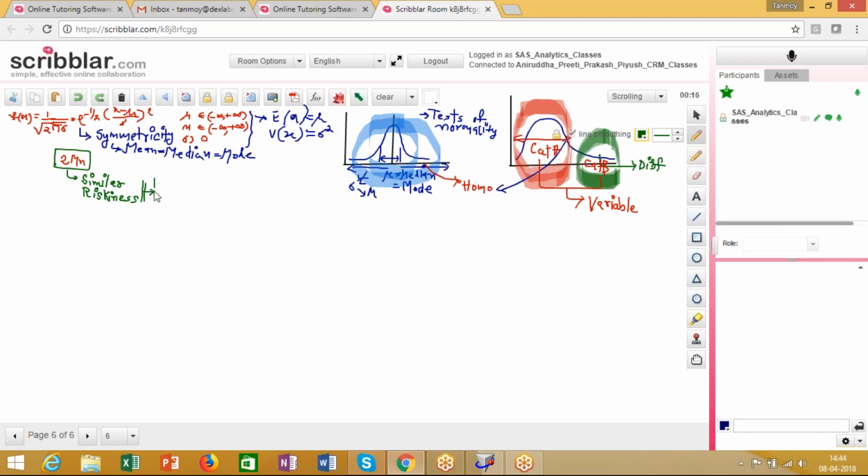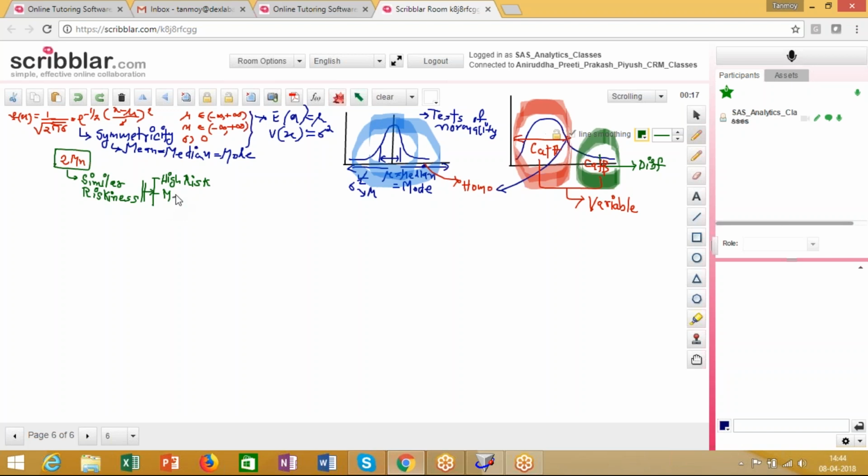Hence, say there is one group which is high risk.